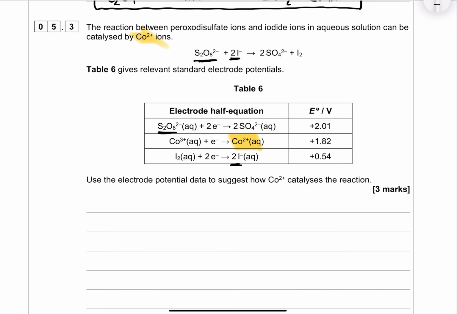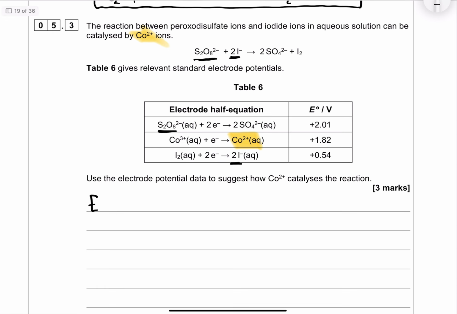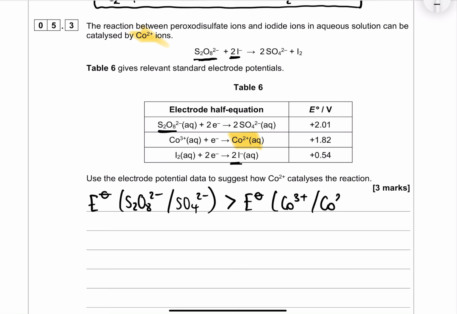Suggest how cobalt 2+ catalyses this reaction. So cobalt 2+ is on the right hand side. It's going to react with something on the left hand side. And that is because the standard electrode potential for peroxydisulfate turning into sulfate is greater than the electrode potential for cobalt 3+ to turn into cobalt 2+.